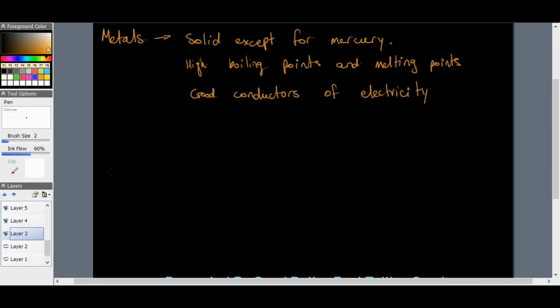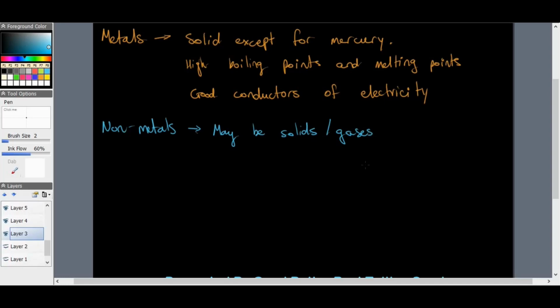So that was metals. Let's have a look at non-metals. A good example of a non-metal is water, because it's liquid. But non-metals can be solids or gases.